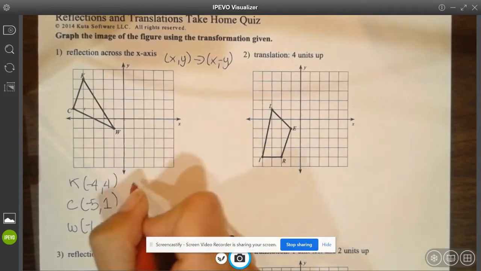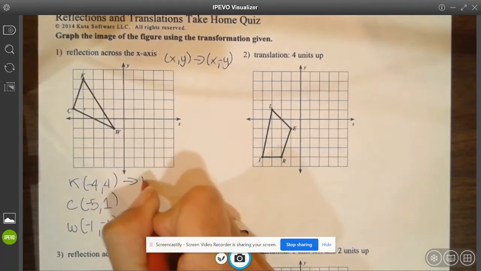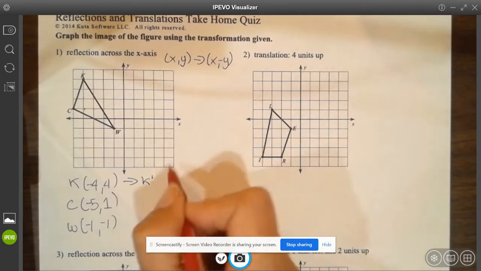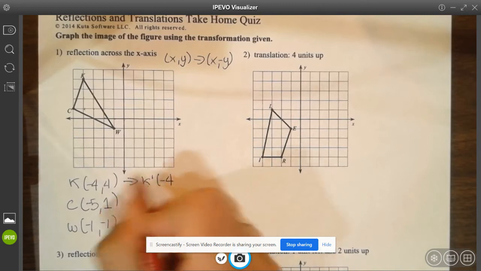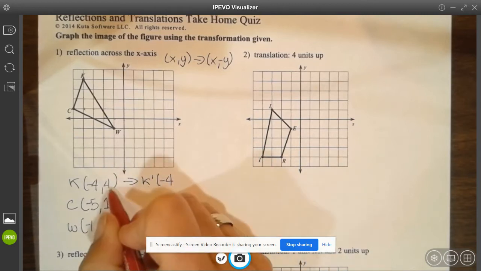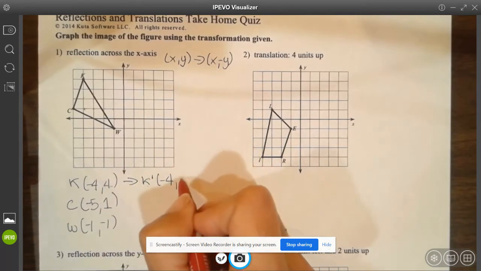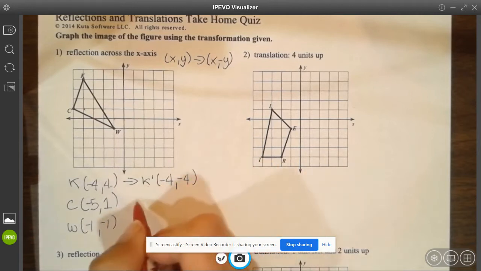So let's do that. Our new point, and we use a little apostrophe here to write the image, will be K apostrophe. The negative 4 doesn't change, my x doesn't change, but my y changes sign. So that's negative 4, negative 4.